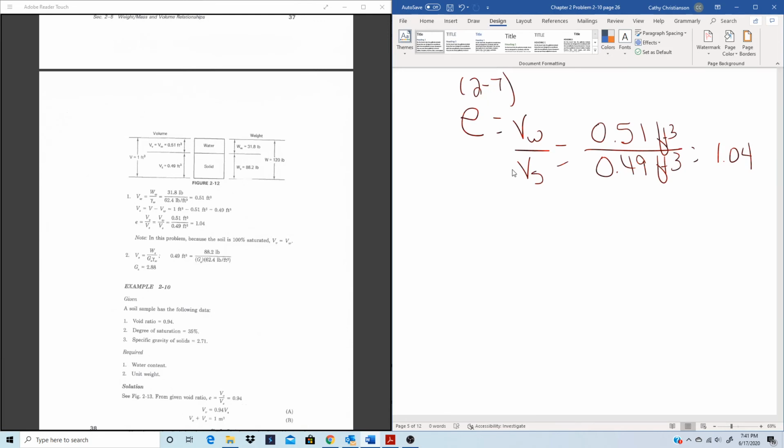If you have that question, and I'm giving you a hint to a test problem, if you have a void ratio greater than 1, that means you have more water or more voids than you do solids. Anything greater than 1 means you have more voids than solids.